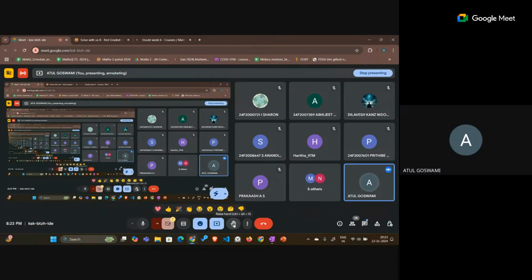You can click on this raise hand icon. I'm assuming nobody has solved. Okay, so just take more time.